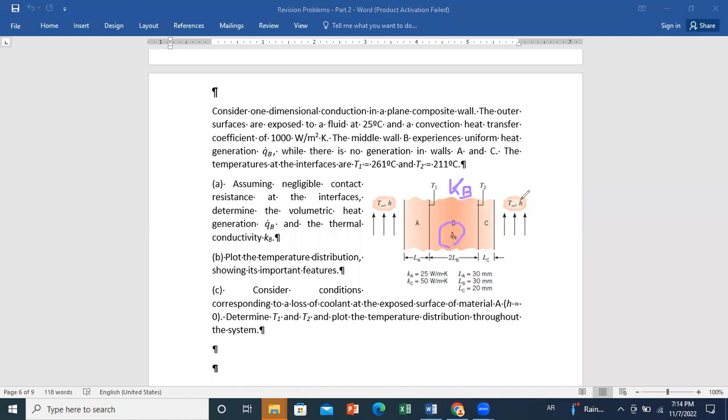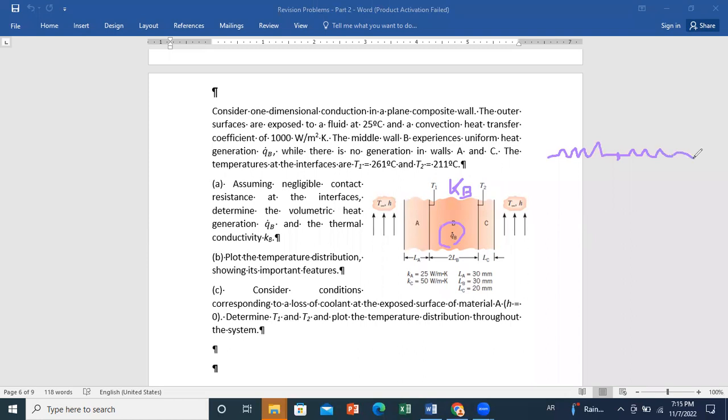Whenever you have such problems, please pay attention. Whenever you have generation, you cannot just deal with thermal resistances. Because if you remember, when we learned how to draw the analogy between thermal circuits and electrical circuits, we said that we should have pure conduction or convection fluxes, and we have resistances associated with them.